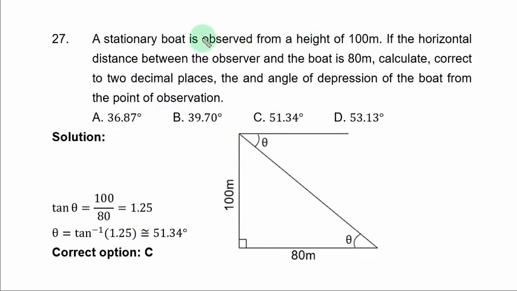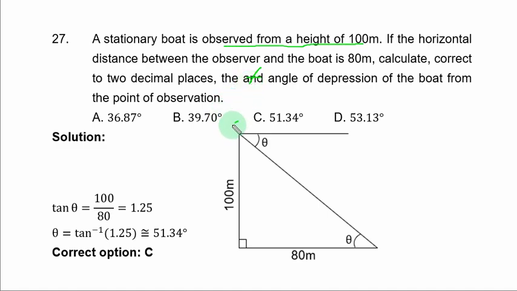Question 27. A stationary boat is observed from a height of 100 meters. If the horizontal distance between the observer and the boat is 80 meters, calculate, correct to 2 decimal places, the angle of depression of the boat from the point of observation.